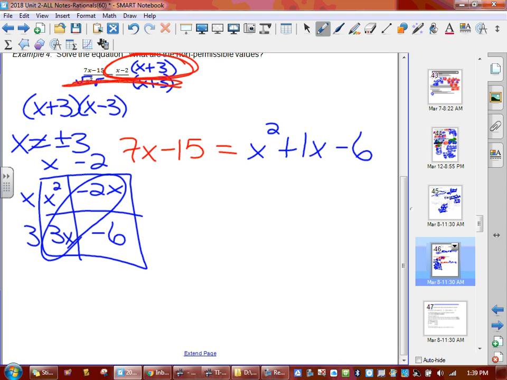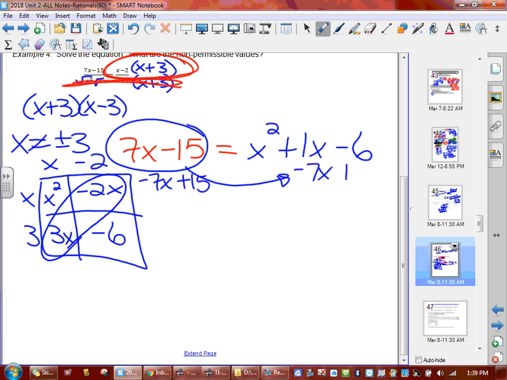Because I have an x squared, we need to move everything to the side where x squared is positive. So that means this red stuff has to move to the right. But when you move it there, you have to do the opposite sign. The 7x is coming over as a negative 7x. The 15 is coming over as a positive 15. So minus 7x plus 15.